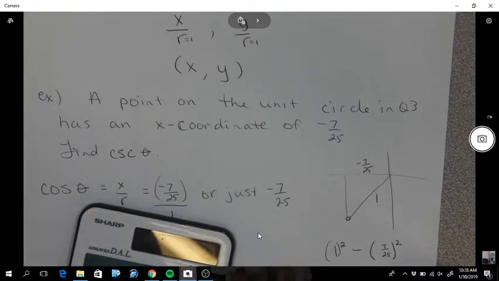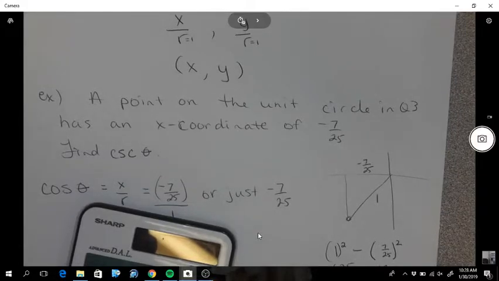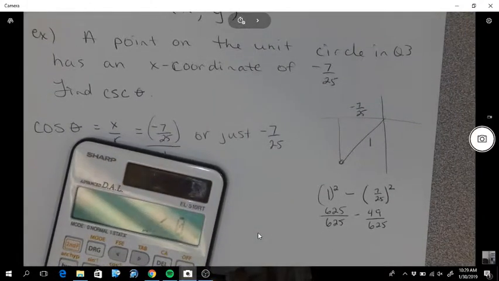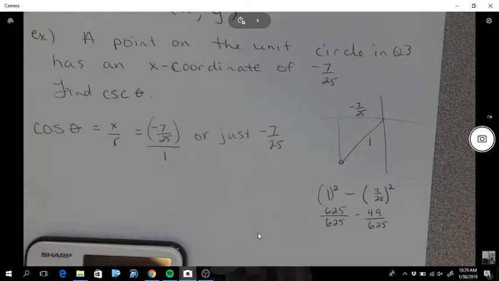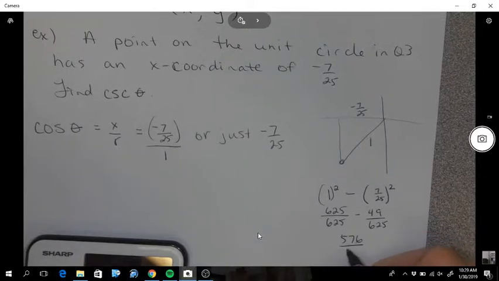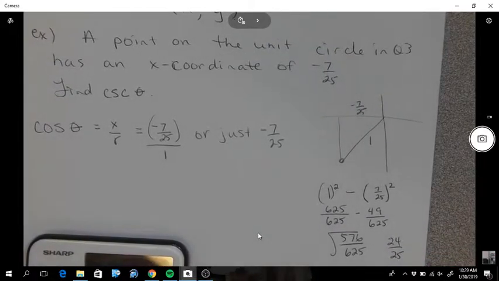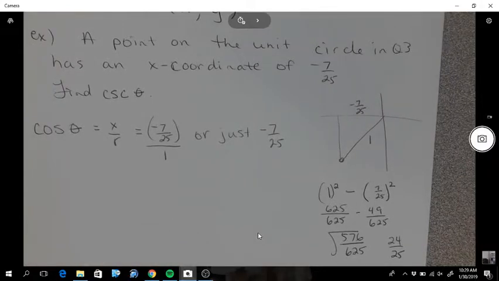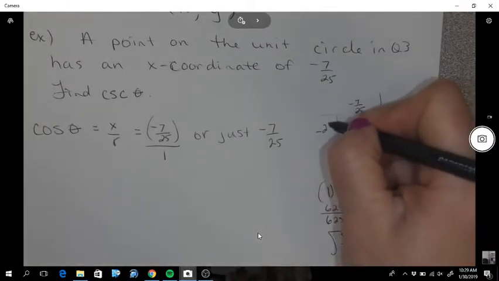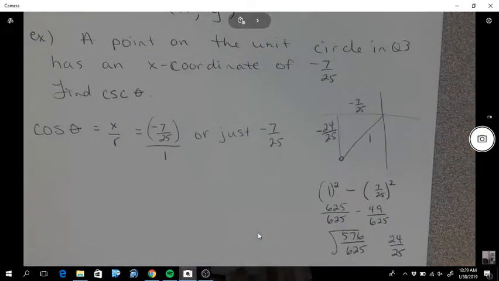I'm going to put them over 625. So I get 576 over 625, and I square root that, and I get 24 over 25. Okay, and I'm in quadrant 3, so that is going to be a negative number.